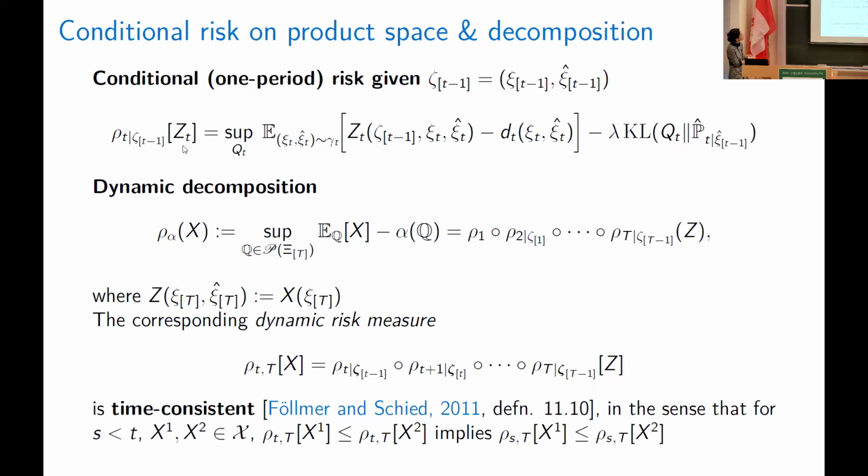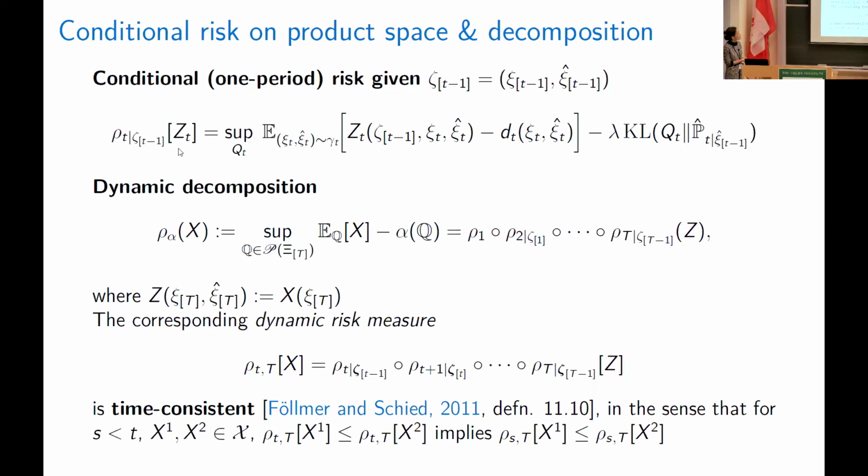And then we define the conditional risk mapping not only conditional on the filtration F hat, but also on the past observations of both the zeta from 1 to t minus 1 here. This conditional one depends on Z_t, which is the random variable on the product space.